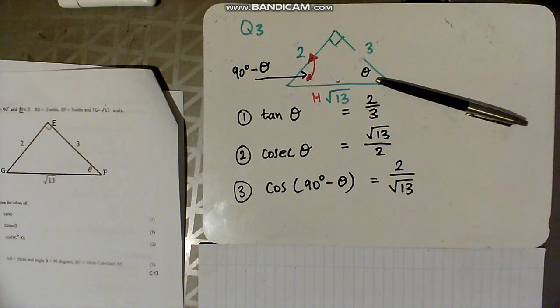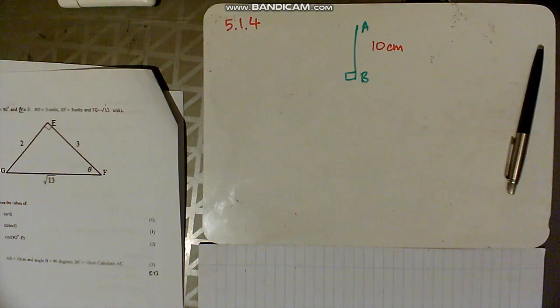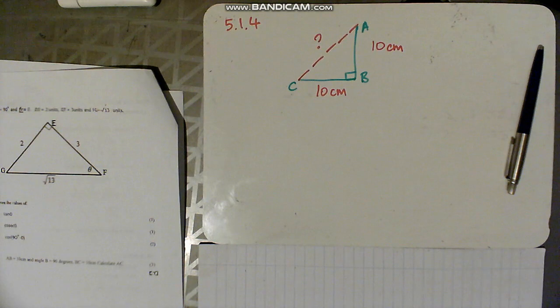Next we are going to 5.1.4. We have to draw a triangle where AB is 10 centimeters, angle B is 90 degrees, and BC is 10 centimeters. The question says calculate AC. In any right angle triangle, the first thing that must come to mind is Pythagoras theorem.